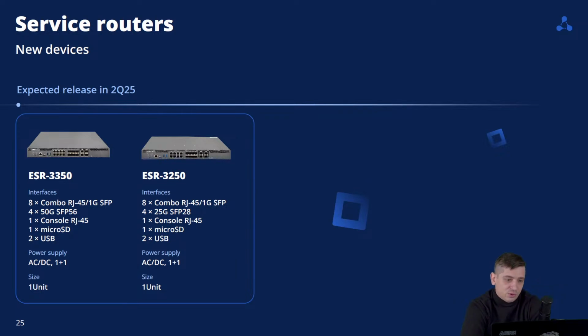The routers will support 25 gig interfaces and even 5 gig SFP56 interfaces. They will definitely have AC and DC power supplies, hot swappable, and these routers shall take 1 unit in a rack. So they are very flexible, very convenient, and do not eat the space in the rack.